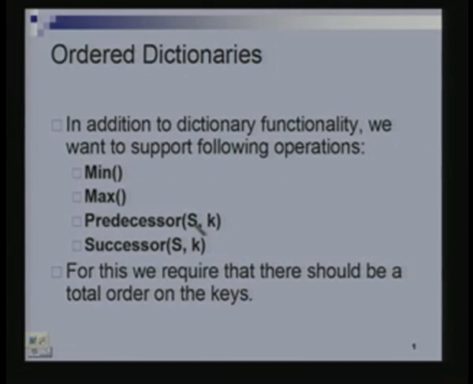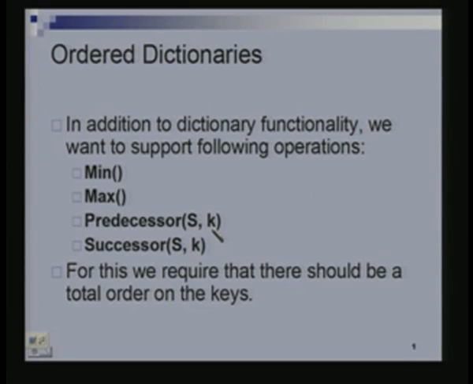What are the parameters you are passing to the functions predecessor and successor? I have just shown S, the ordered dictionary, as one of the parameters. It need not be. In particular, you could think of the predecessor as taking only one parameter, which is the particular key. So, predecessor of K would mean give me the key which precedes K in the total order, in the dictionary S. There will be certain keys in dictionary S, so give me the one which precedes the key K and which lies in this dictionary.